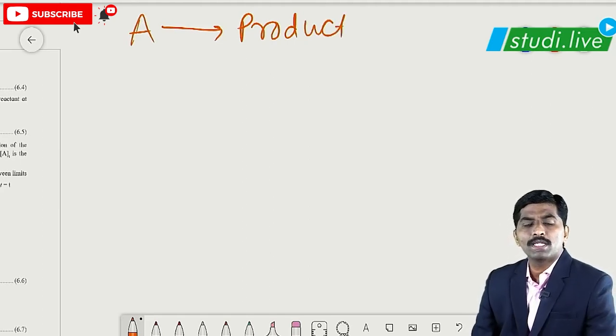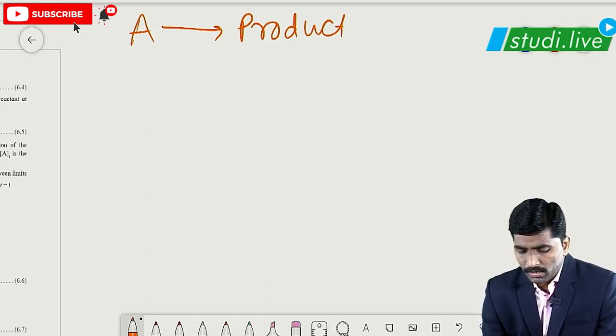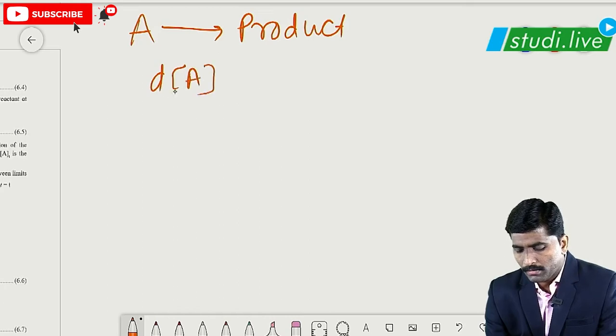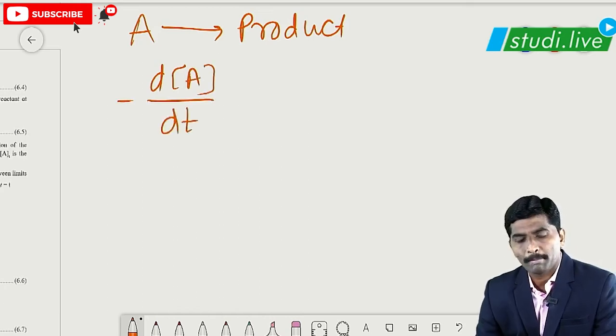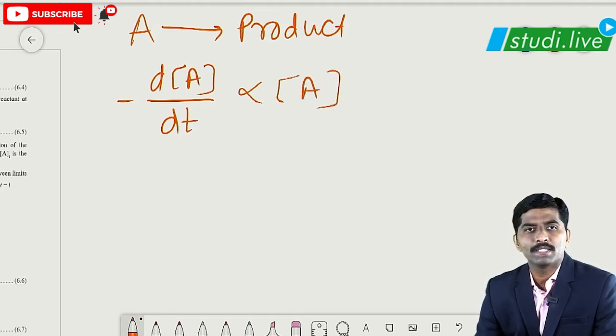For this reaction, if I want to express differential rate, I can give it as minus dA by dt, with negative sign, that is concentration of A is decreasing. It is directly proportional to the concentration of A, isn't it?